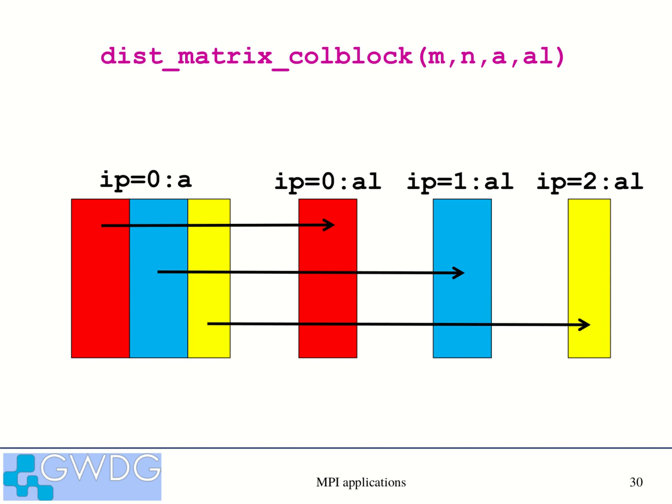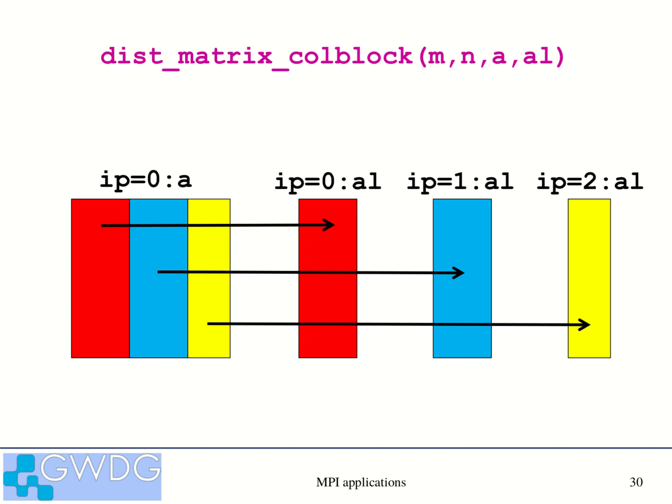We just have to send the contiguous amount of memory starting from here, and the number of elements will be the number of columns we want to distribute times the size of one column. So it's n by nl.